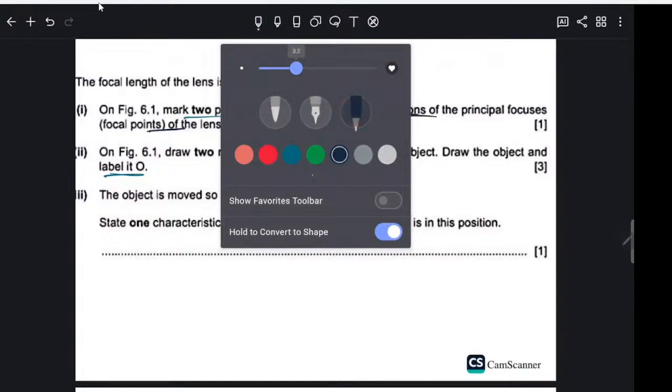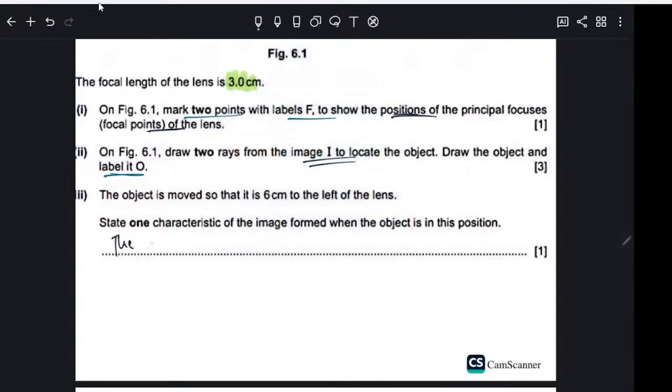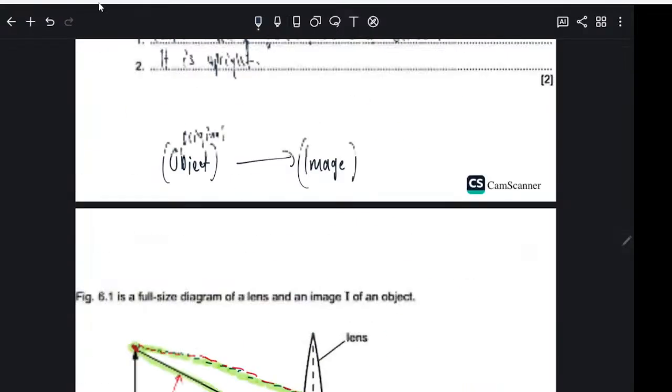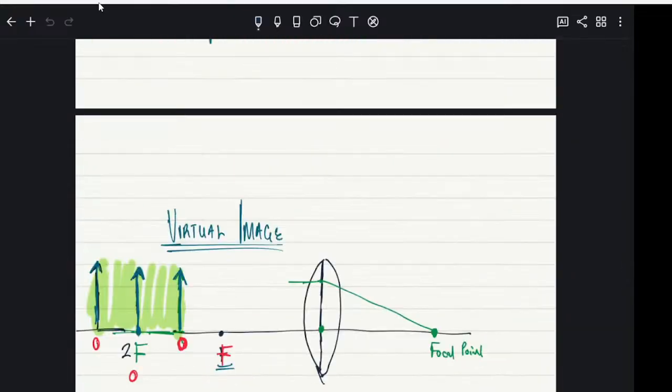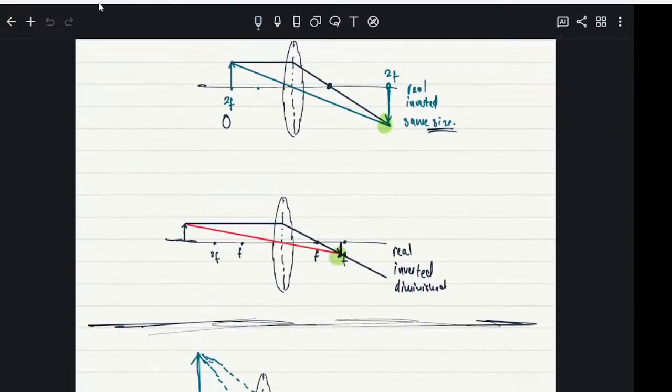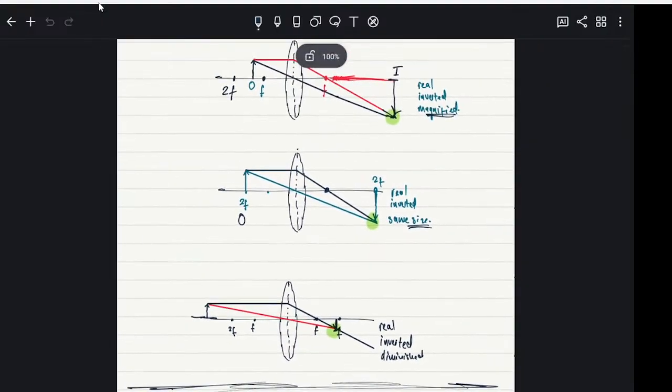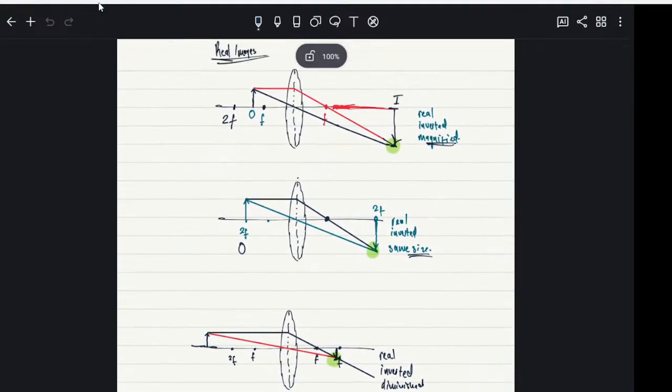We say the image is the same size as the object. Okay? You should know more than me, class.